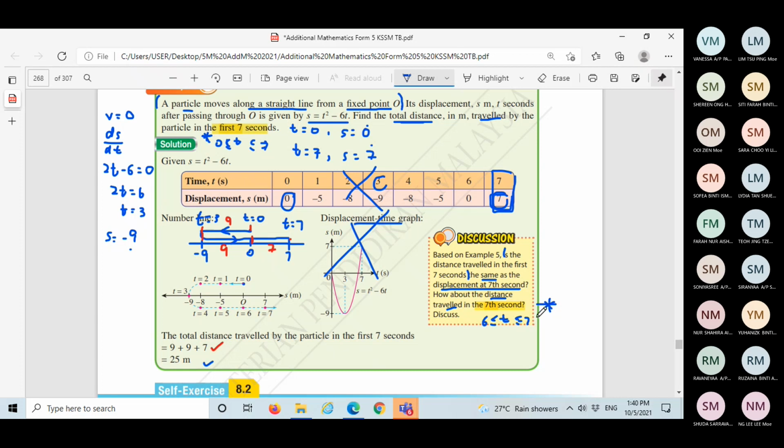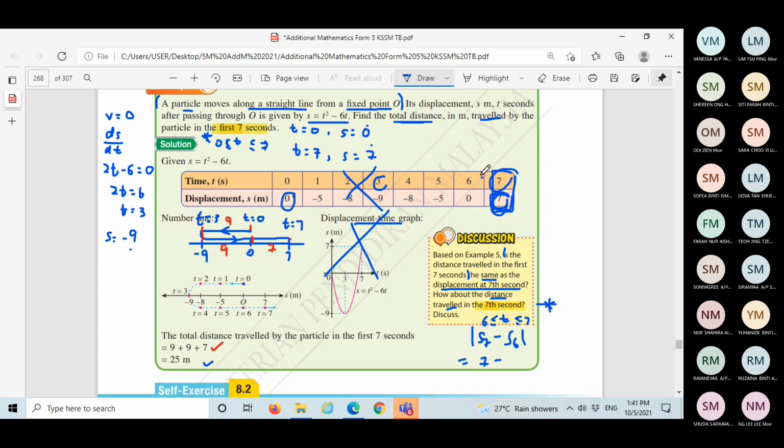Different meaning. So this one got formula: modulus of S7 minus S6. You put modulus because if the answer ends up negative, you just make it positive. So in this case, S7, the answer is 7.